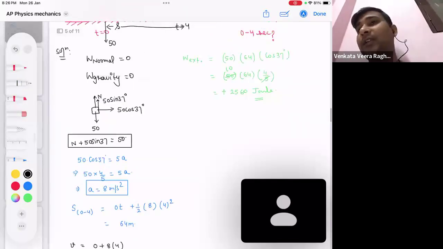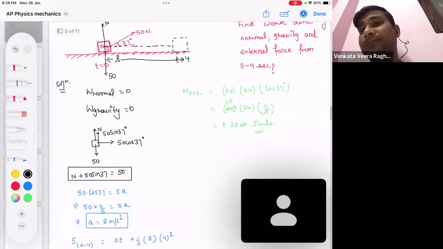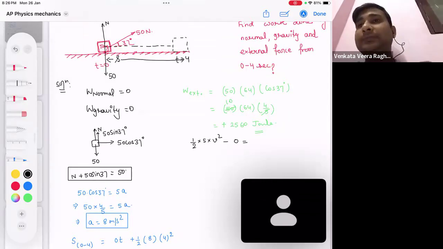You can also find the velocity at t equal to 4 using the work energy theorem. Final kinetic energy half m v square minus initial kinetic energy 0, the change in kinetic energy. I will discuss this again, don't worry. I just took this example and thought let's discuss this. Final kinetic energy minus initial kinetic energy should be equal to work done.